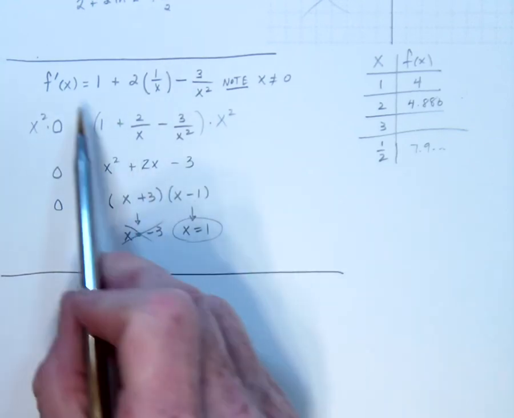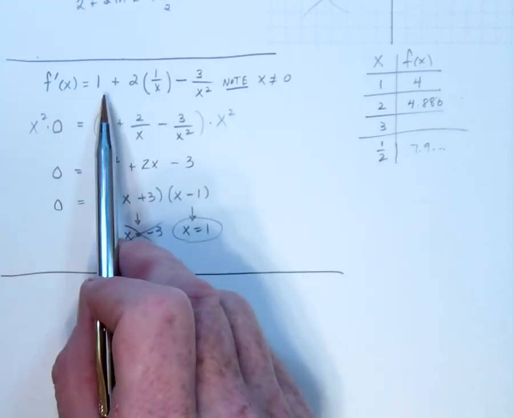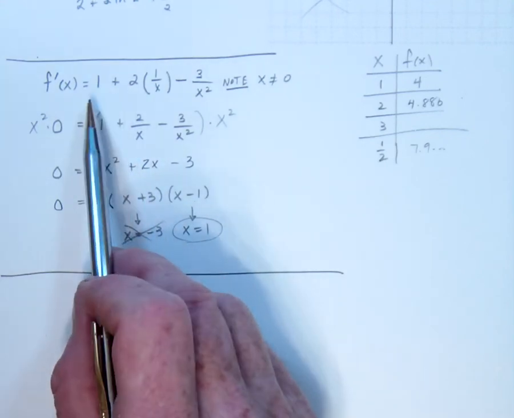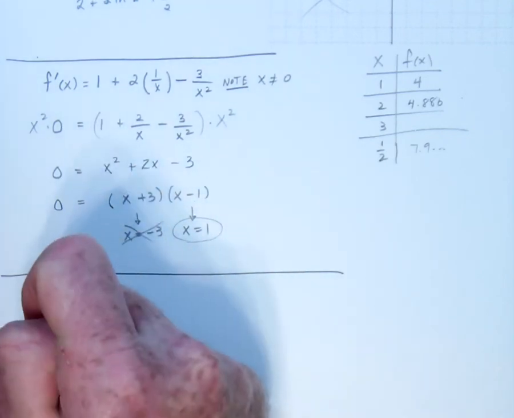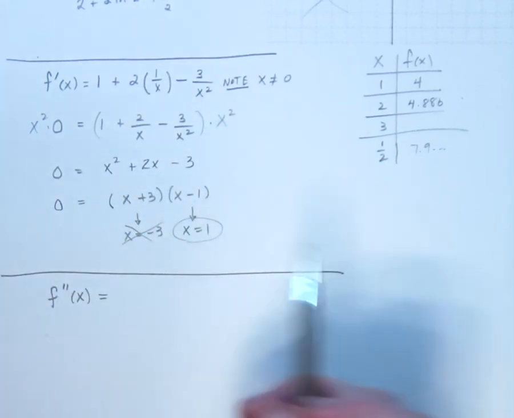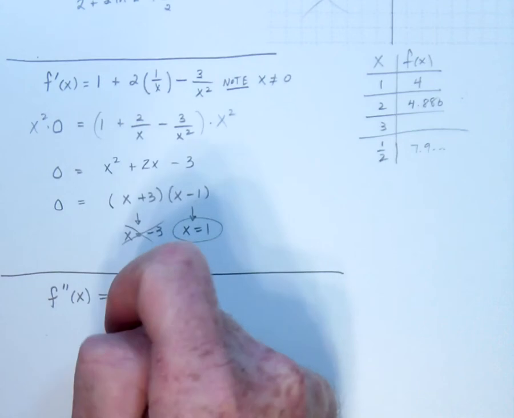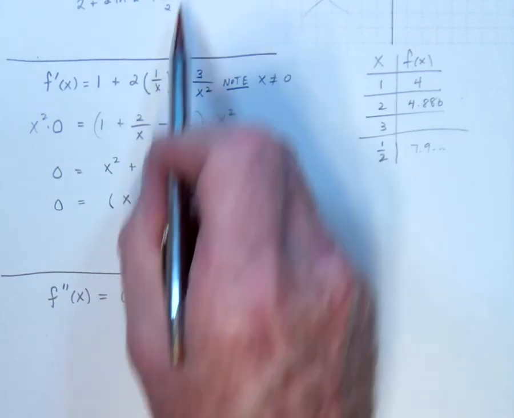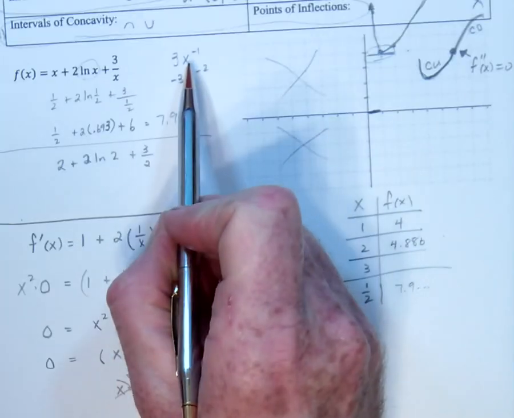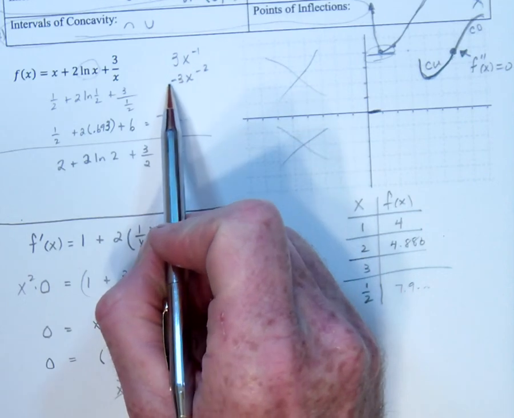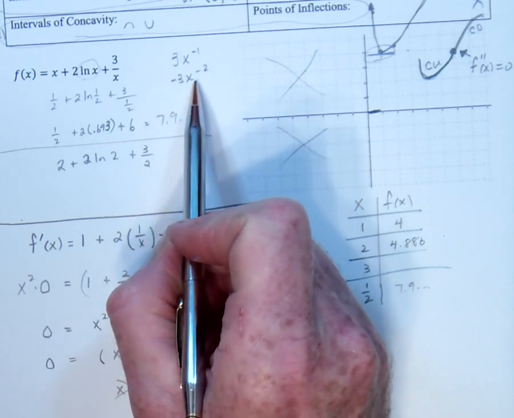So go back over to here where we have the first derivative and take the derivative of this. No, we need the second derivative. Let me label my work. The derivative of 1 is 0. The derivative of 1 over x, well, that's just like we did right here, without the 3, of course. You take the derivative, it would give you a negative in front, then give you x to the negative 2.